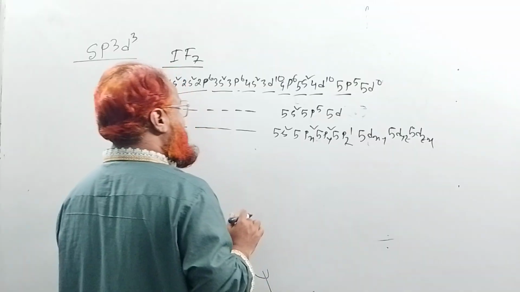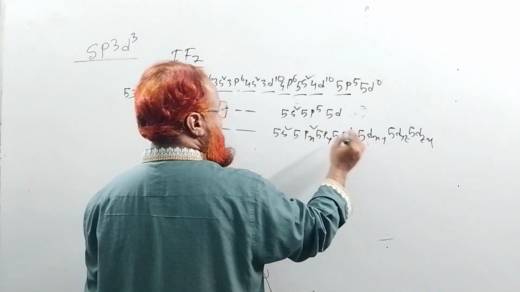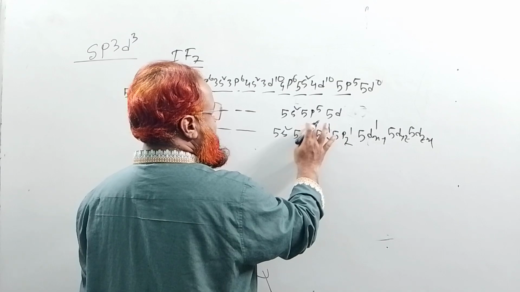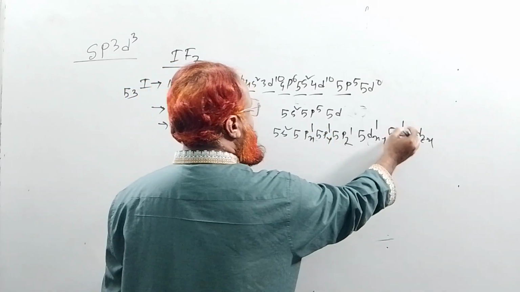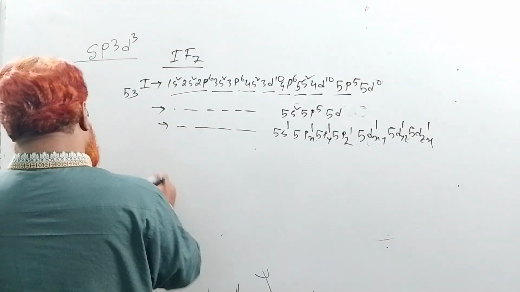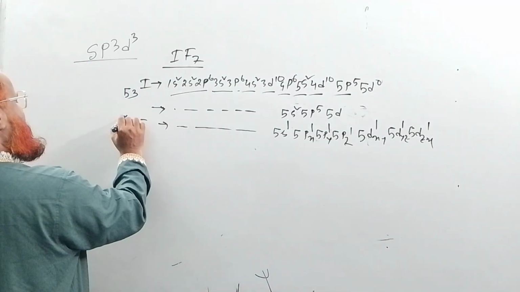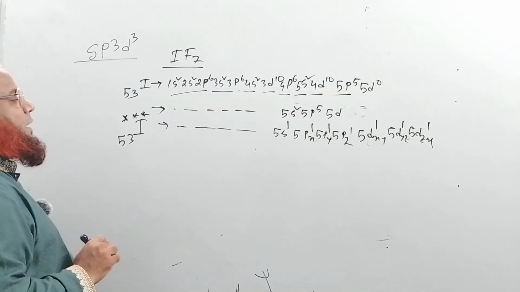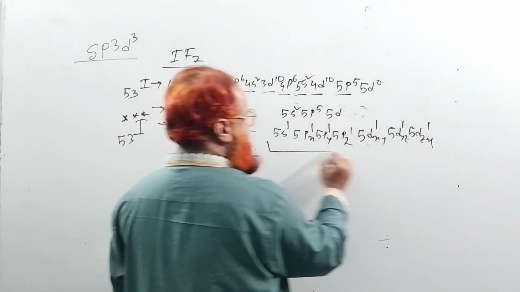So, if we excite it first time, then 1 will be shifted here, then second time it will be shifted here, then third time it will be shifted here. Now, here iodine will be excited 3 times, right? Okay, this is iodine 53. Now, total orbitals here 7.